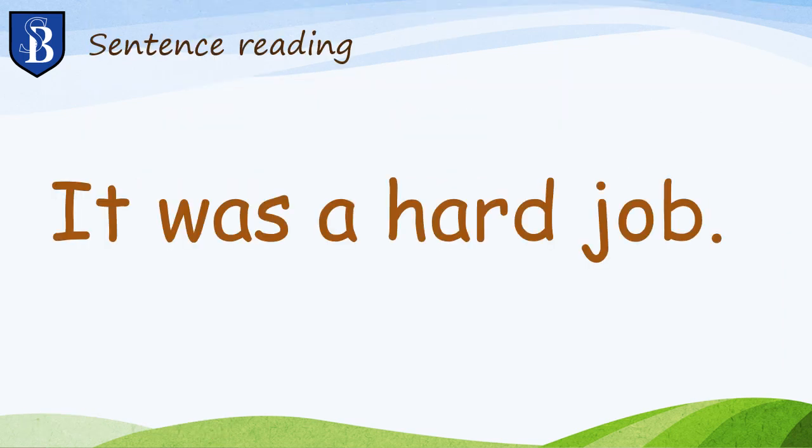Okay, so it's time to do some sentence reading. We have a sentence here. Can you say any of the words that we've been learning to read on sight? Oh yeah, there's the word was and the word a. So already we know 2/5 of this sentence. Let's see if we can segment and blend the rest.